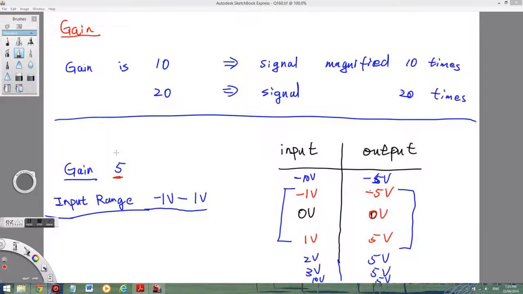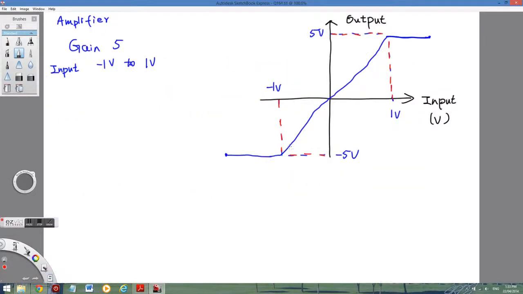Now, because of the unique property of the amplifier, engineers and scientists like to draw a graph. For that amplifier which has a gain of 5 and an input range from minus 1 volt to 1 volt, I can draw this graph. The horizontal axis is the input, the vertical axis is the output.